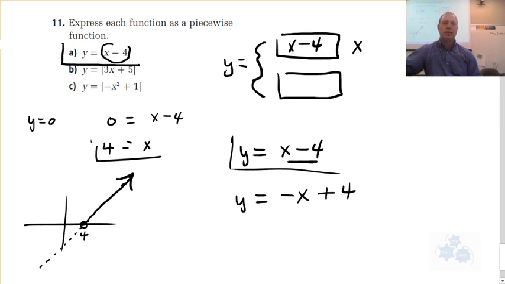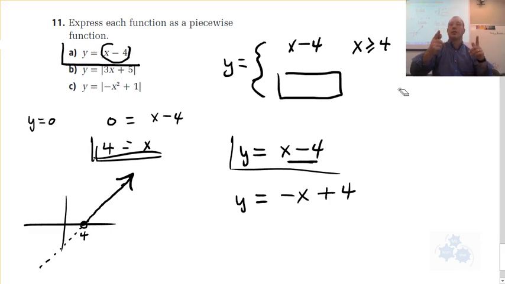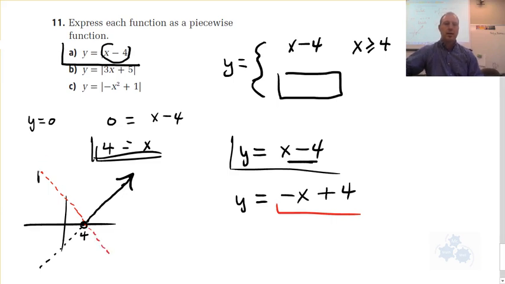Well, we said that the x-intercept is 4, so when x is greater than or equal to 4. Okay, we good with that? And then the negative version, well, negative x with an intercept of plus 4 looks like this. So we need to identify this part of that.